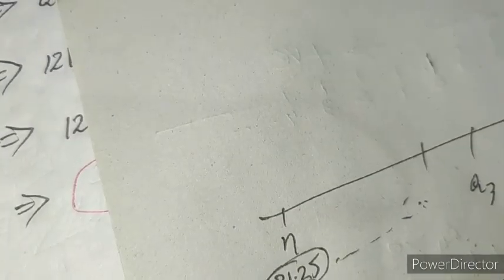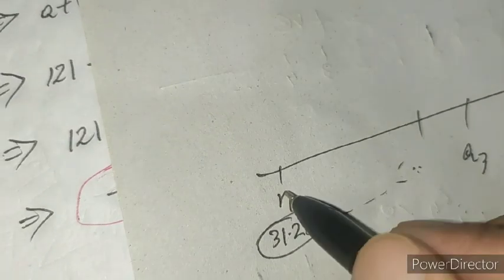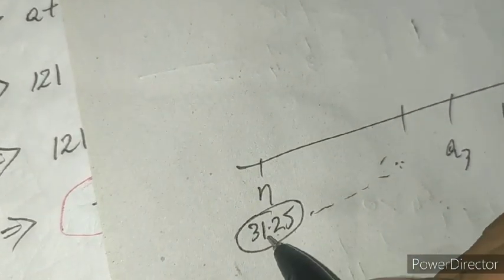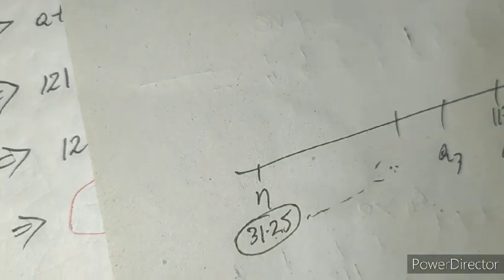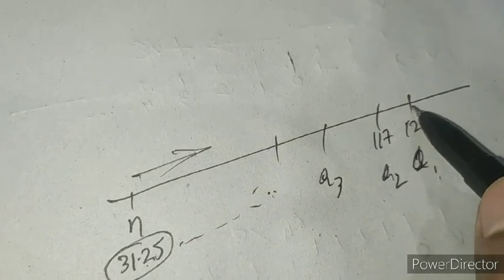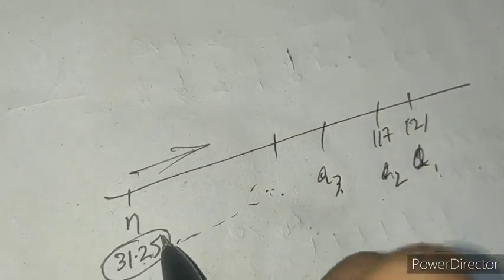As you know, n cannot be decimal, right? Now what happens if you take less than 31.25? Less than means here, because the real number line starts from first term, second term, third term, fourth term, fifth term, sixth term up to 31.25.